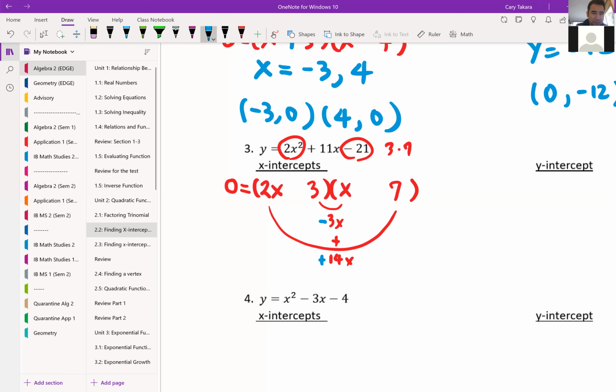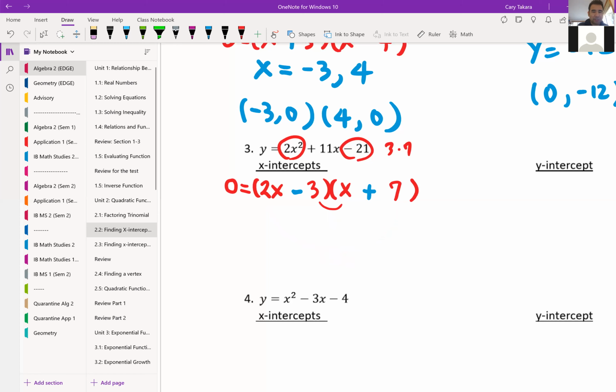That means 3 has to take the negative sign, and then 7 has to be positive, not the other way around. The other way around will not work. You're going to get negative 11x. You don't want that. So you need to take care of the signs correctly.